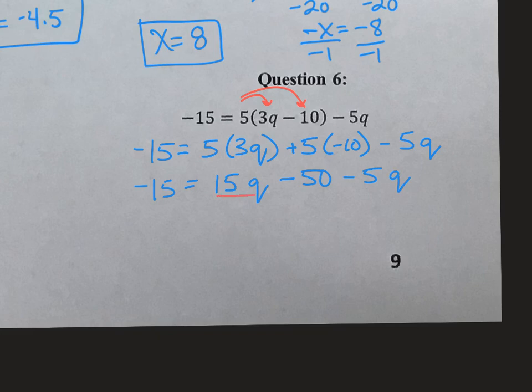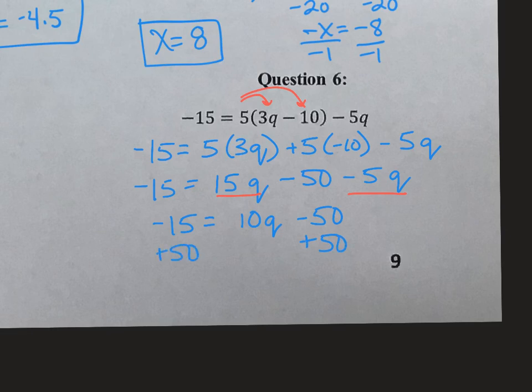I can now combine my like terms. Make sure that sign goes with it. So negative 15 equals 15q minus 5q is 10q minus 50. Now, to get rid of that negative 50, I add 50 to both sides.